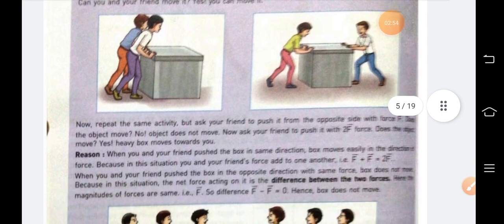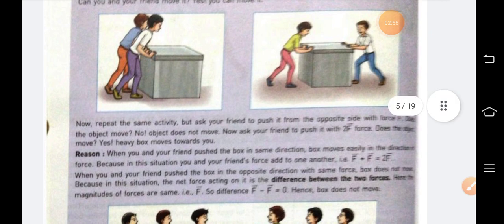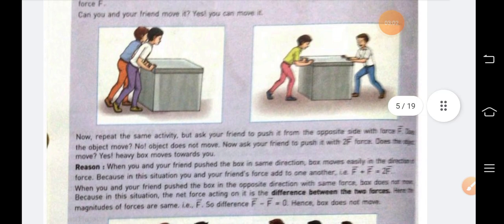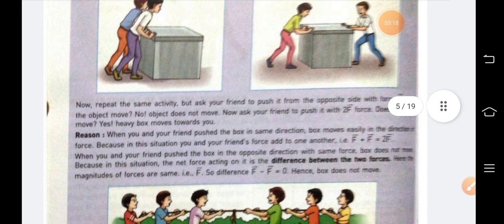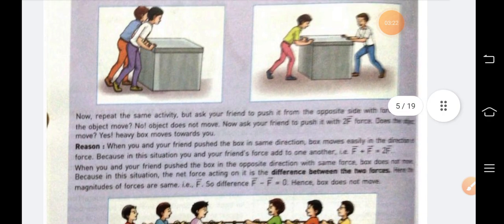Now repeat the same activity, but this time ask your friend to push it from the opposite side with force F, and see whether the object moves or not. No, the object does not move because the two forces, which are equal in magnitude, get cancelled.